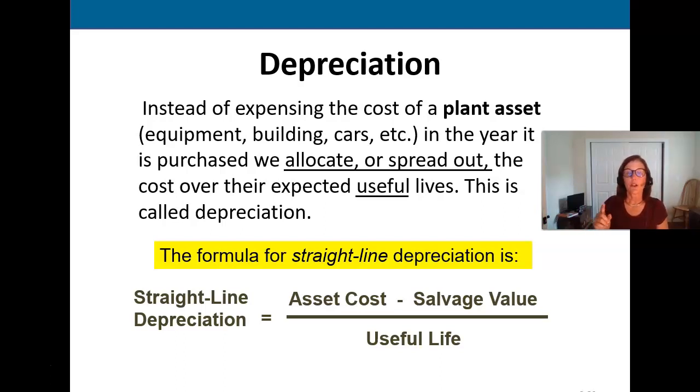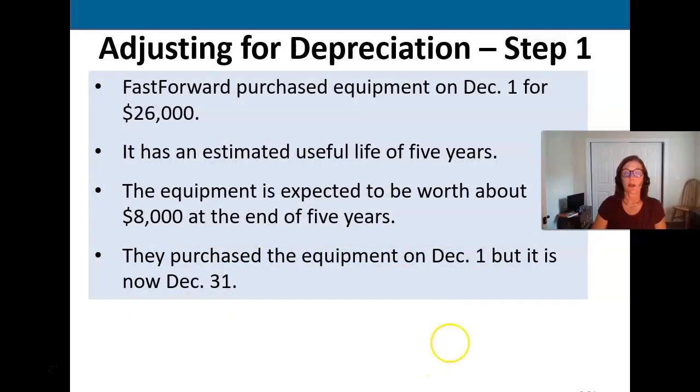And we're going to calculate the salvage value into that when we look at depreciation. So we use this equation, which is the cost of the asset minus the salvage value divided by the asset's useful life. And that's how we're going to allocate the cost of this item over the period that we have it.